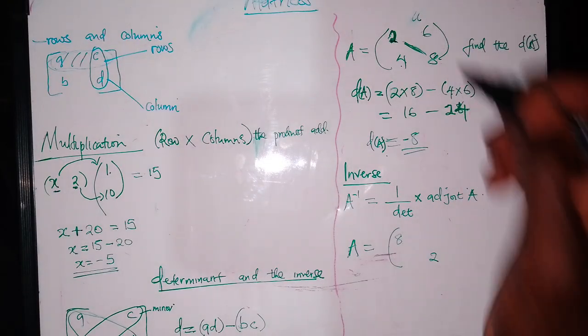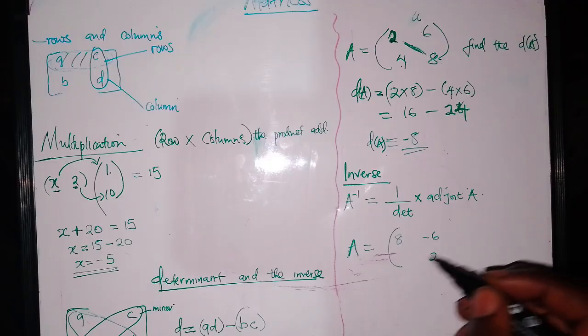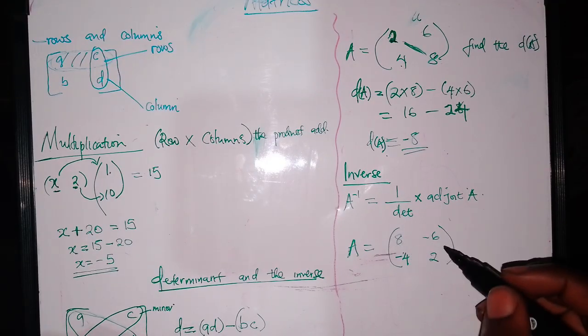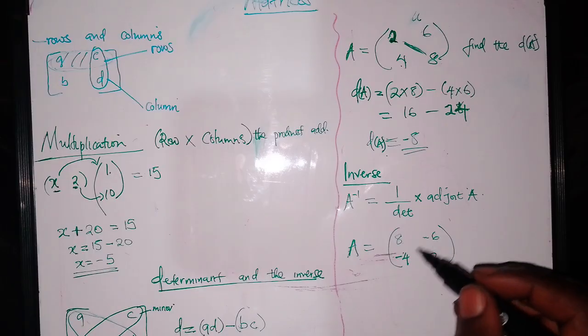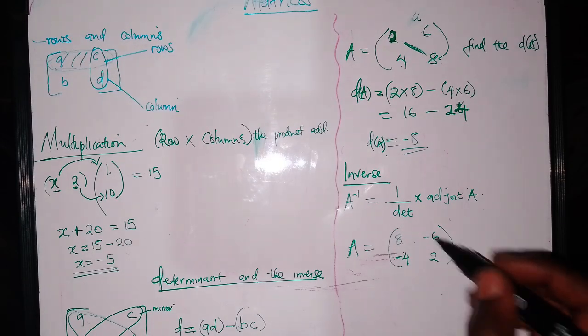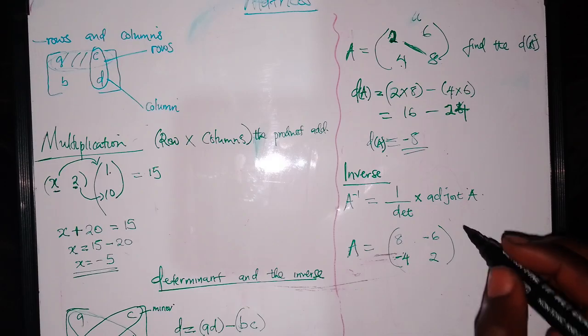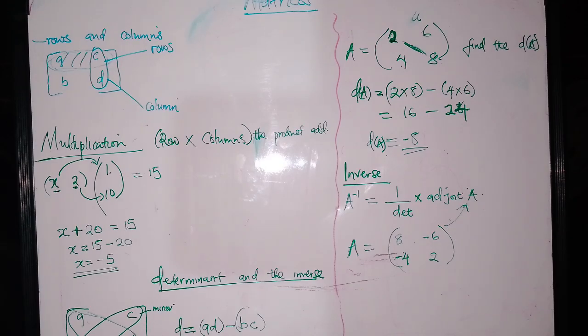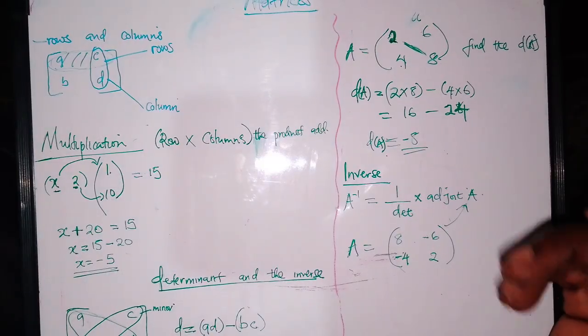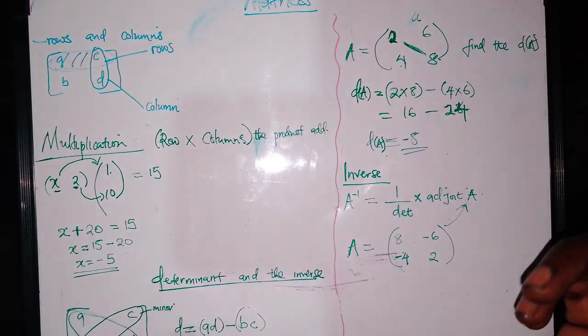So we say negative 6 and negative 4. Once you add the negative in the minor diagonal and swap the major diagonal, you have an adjoint of A, which you can use to solve the inverse.